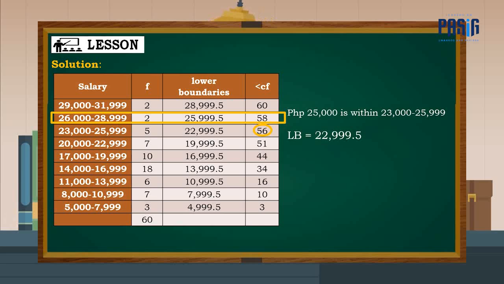22,999.5, N equals 60, P equals 25,000, cumulative frequency equals 51, frequency equals 5, and the interval equals 3,000.